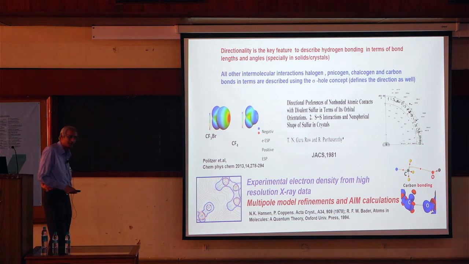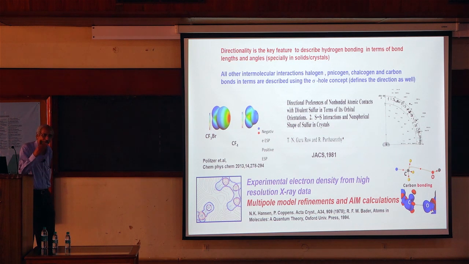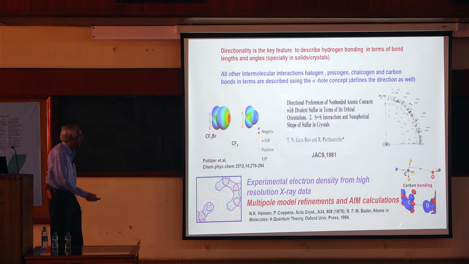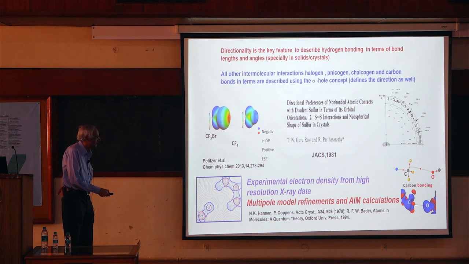The same has been observed in case of the 14 to 17 periodic table elements, and one of the examples shown here is the three-dimensional, this same 2D map has been shown here as a three-dimensional deformation density map, and you see that a little red thing which is sticking out here, that is corresponding to the so-called sigma hole. And so you see that the carbon to oxygen distance is short, and that is the one which in fact generates what is known as carbon bonding.